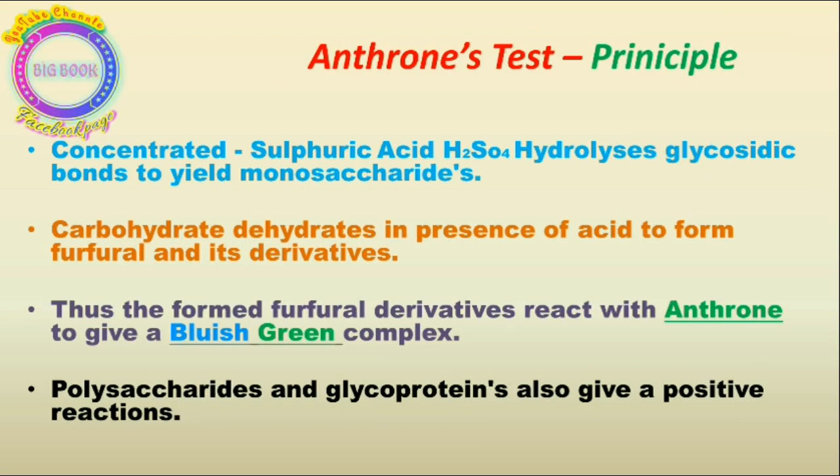Before the detailed explanation, we are going to repeat the principle. Concentrated sulfuric acid hydrolyzes the glycosidic bonds to yield monosaccharides, where carbohydrates dehydrate in the presence of acid to form furfural-like aldehyde and its derivatives.